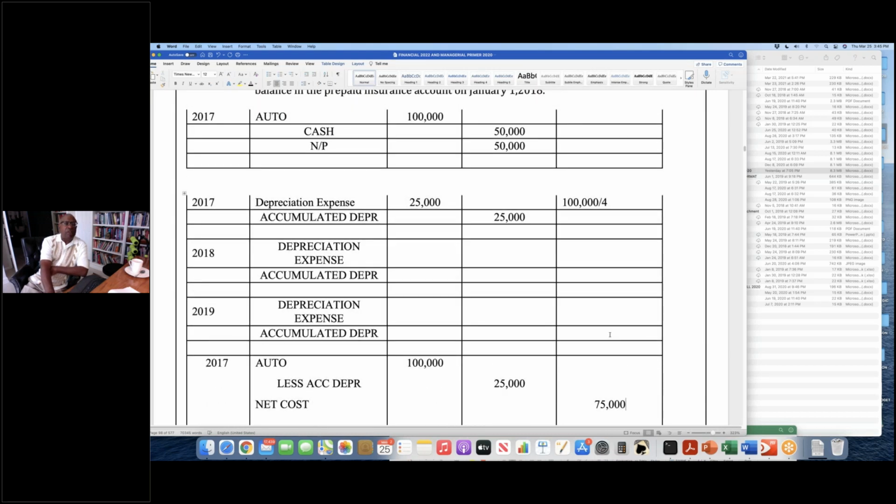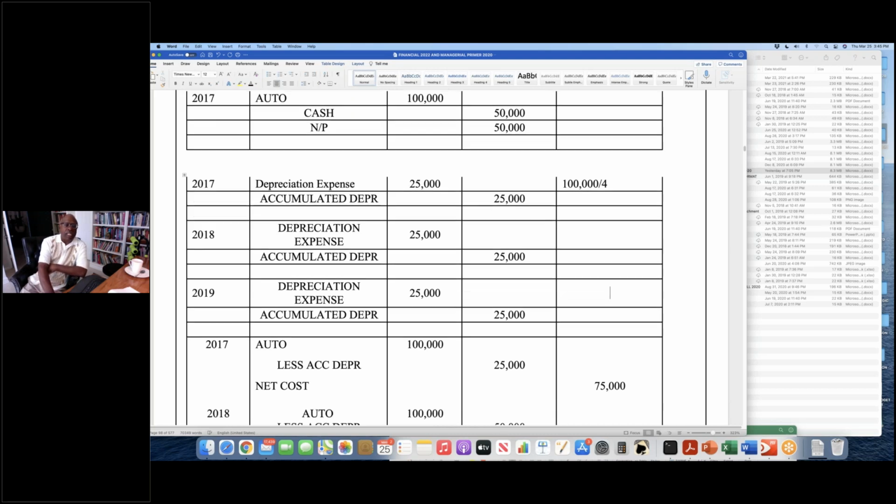Now, Chelsea, when we get ready to do the second year, it's kind of easy. And for the third year, we already got it calculated. So when we make this adjusting entry, if we're using straight line, not only are the accounts the same, but the amounts are the same.